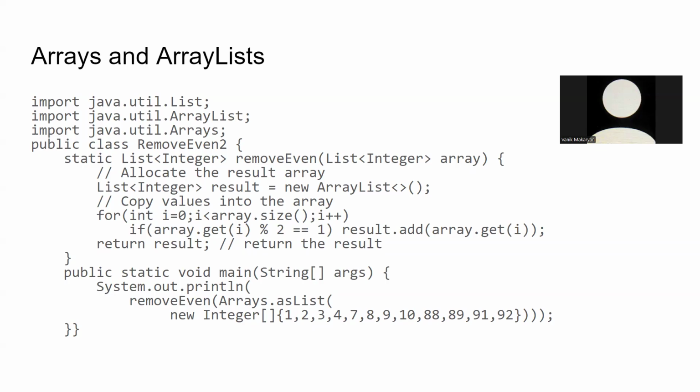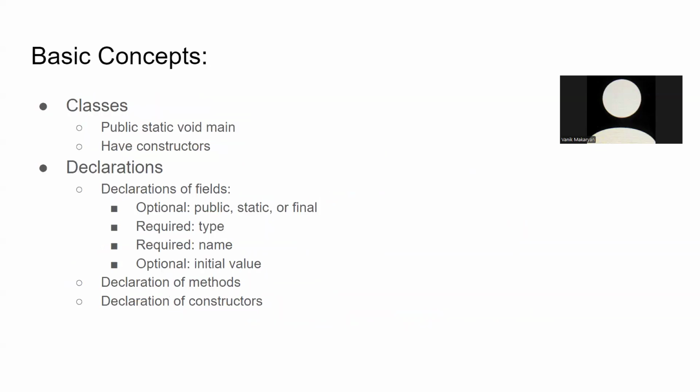All right. So, okay, some basic concepts for classes. All right, so if you want a class that can be executed as a program, you need to have public static void main in there.